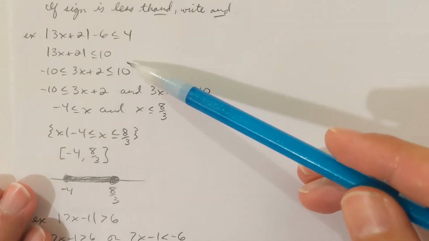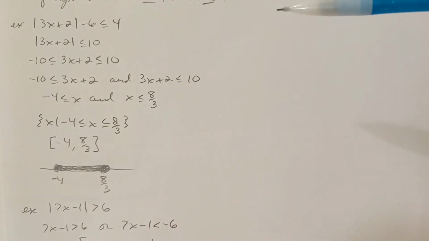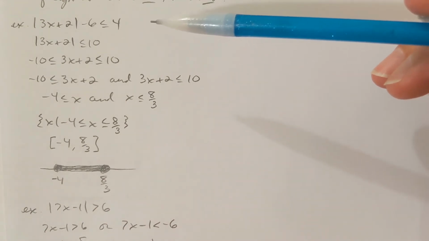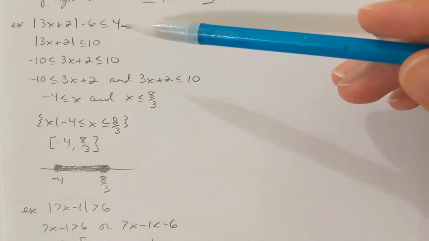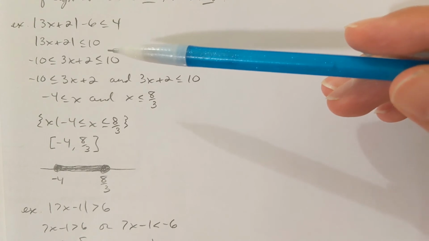So, as an inequality, suppose that we have the absolute value of 3x plus 2, minus 6, less than or equal to 4. Okay, add 6 to both sides.